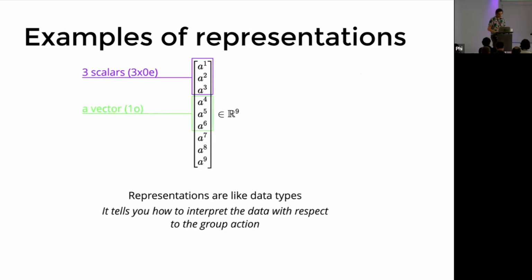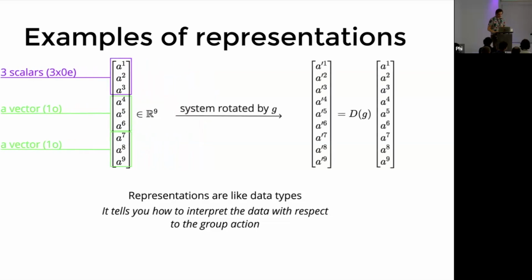Let's say the 3 following numbers get together and form a vector. And let's say the same for the last 3. What it means is that now when you rotate your system, or there are 2 ways, either you rotate your system or you change the coordinates, you apply a rotation to the axes with which you measure things. That's equivalent actually.